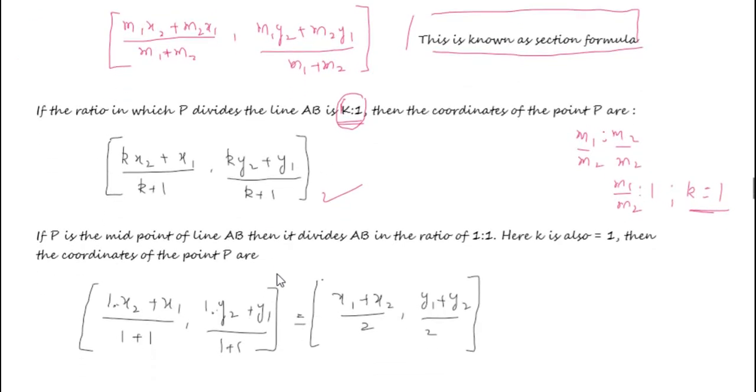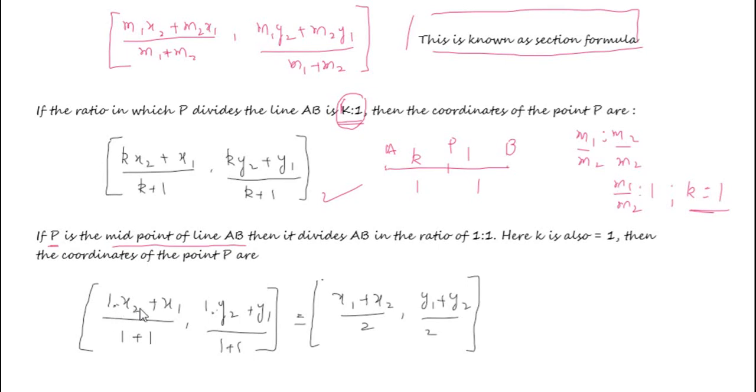Now, one more scenario. If the point P is the midpoint of the line AB, this is A, this is B, P is the midpoint. Now if this is k, this is 1, but it is a midpoint, so this is 1, this is 1. So both are 1, k is also 1. Now if P is the midpoint of line AB, it divides AB in the ratio of 1:1, k is also 1, then the section formula becomes, let us substitute k as 1 in the above formula.